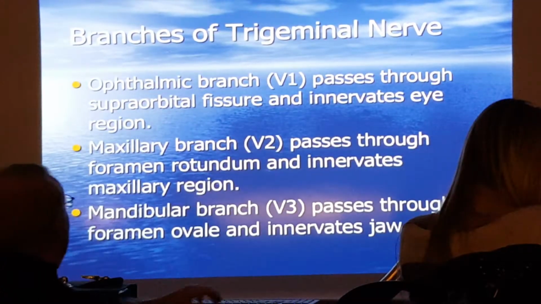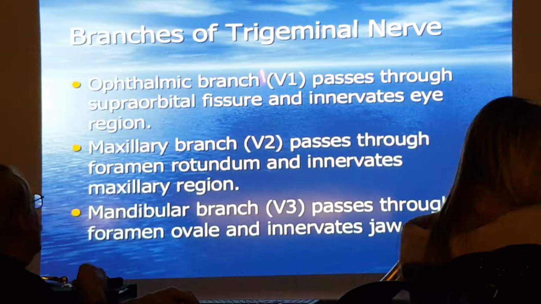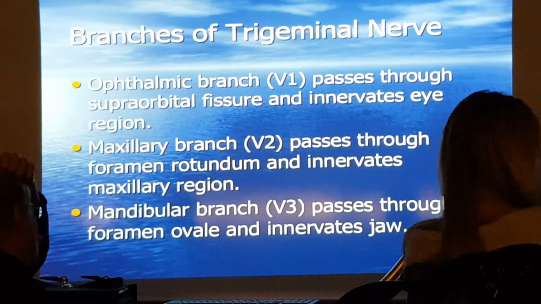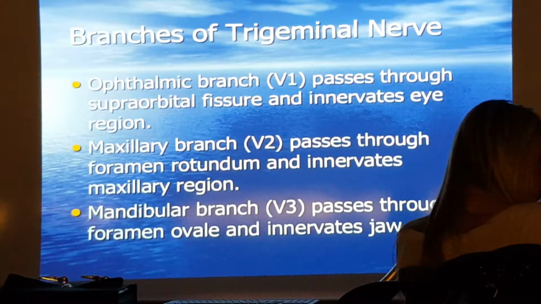So we have the ophthalmic branch, V1. Right here's the information you should know about these 3 branches. We have no model I can point to show you these, so if I ask you these, I'll have to give you a real good verbal description.